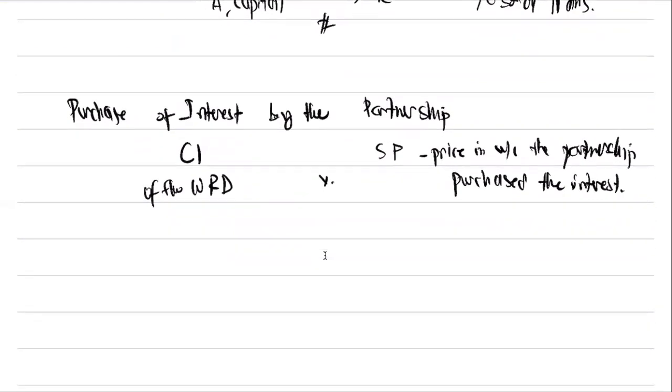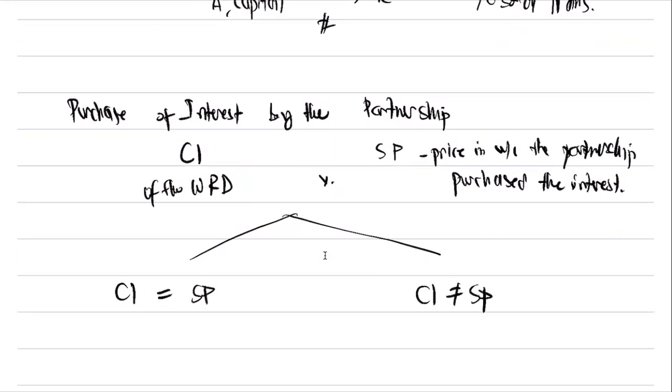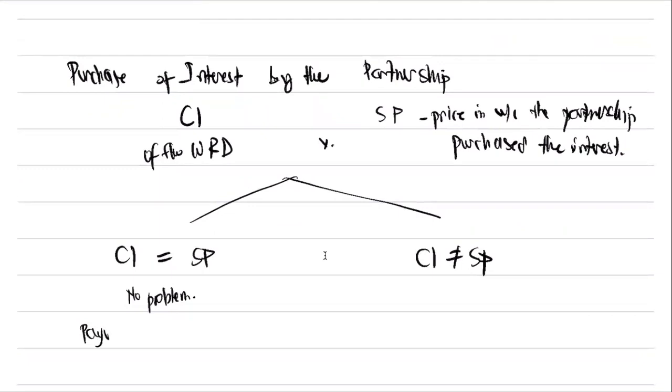Okay. So the problem here is if ever the capital interest is equal to your settlement price or your capital interest is not equal to your settlement price. If the capital interest is equal to the settlement price, there is no problem. It is only treated as a payment of capital.